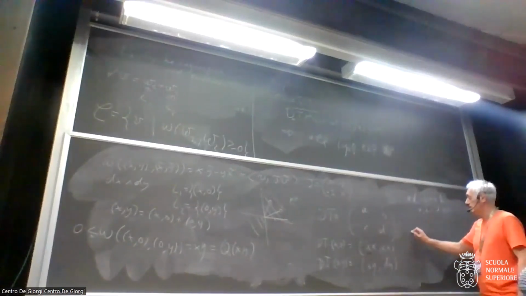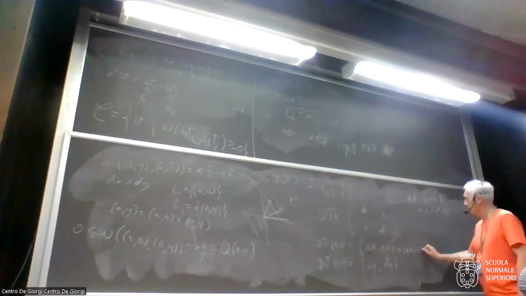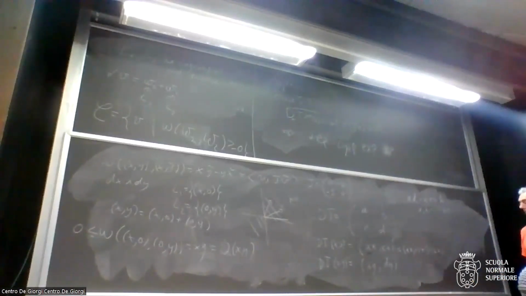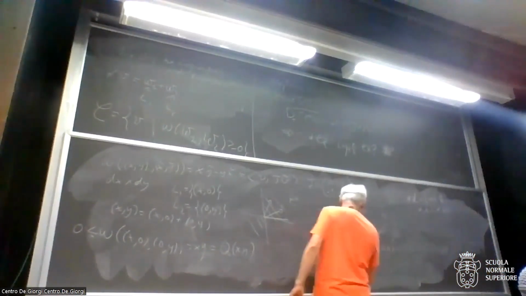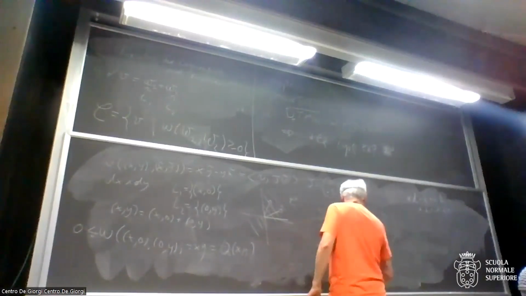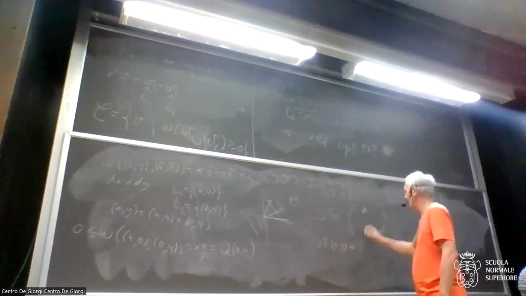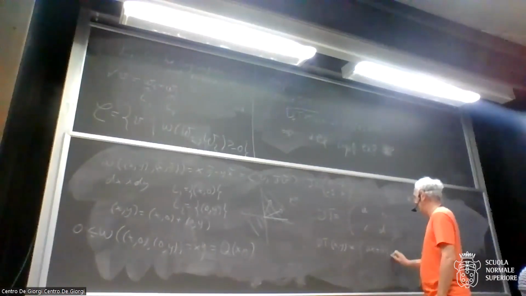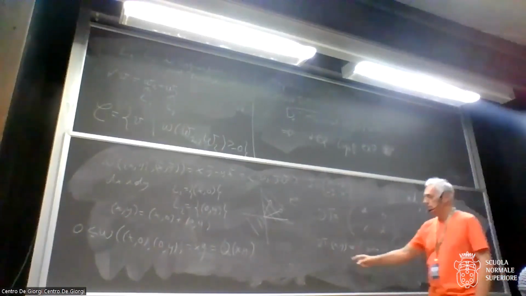This vector, I can write it as (ax, 0) plus (0, cx). Okay, let's take this. I can do this computation, but it's too long. Let's just take a generic vector (x, y). Then its image will be equal to (ax plus by, cx plus dy). And now I want to compute Q of this.